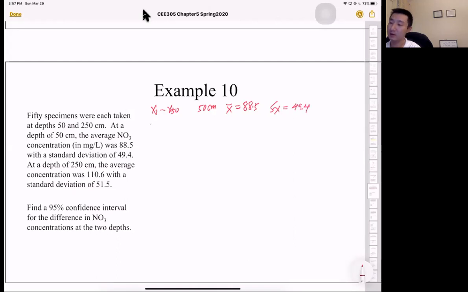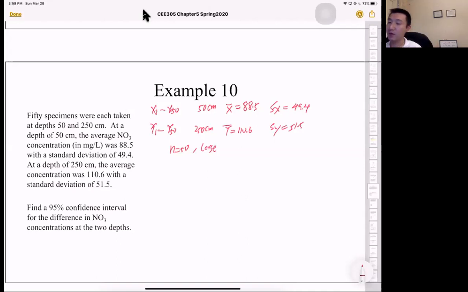For the other depth, 250 centimeters, defined as y1 to y50, the mean value of y is 110.6 with sample standard deviation sy of 51.5. Because n is equal to 50, this is a large sample.